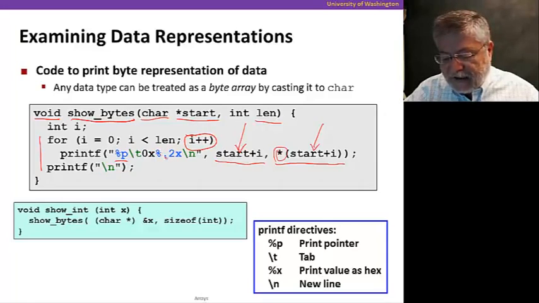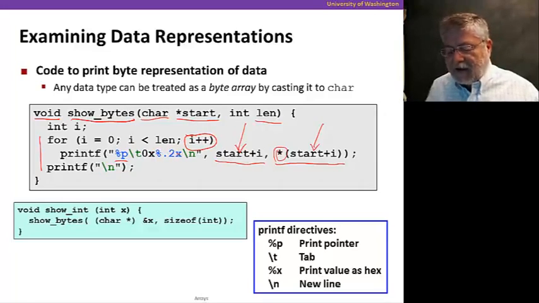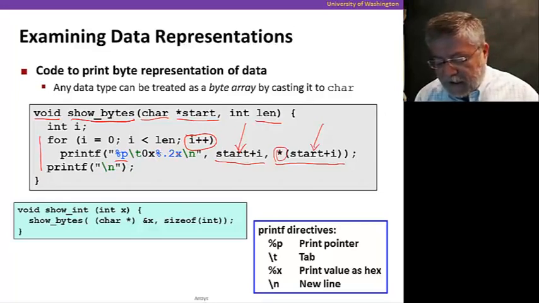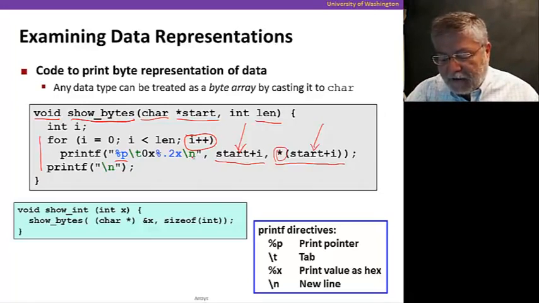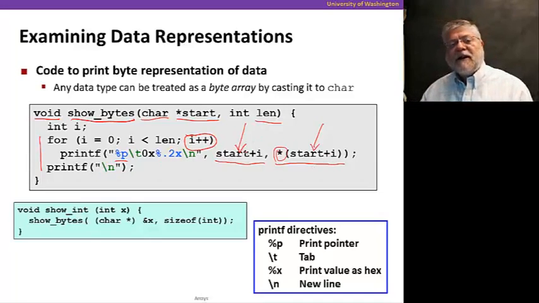And then the %.2x is a special notation for saying print a hexadecimal value of 2 digits, followed by a new line. That hexadecimal value of 2 digits is just the value stored at that address, okay? The second element here in our print statement.